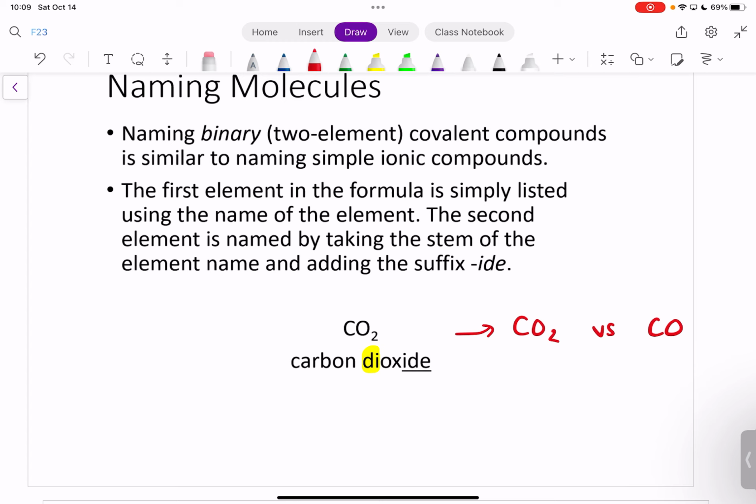CO2 we breathe all the time. Carbon dioxide. But CO, what's that? Yeah, carbon monoxide. A lot of us have CO meters in our house. I hope you do. We don't want to breathe that in. So very different compounds. But if we called both of these carbon oxide, we wouldn't know which one we had. So we have to use these prefixes to tell us how many of each atom we have for these molecules.